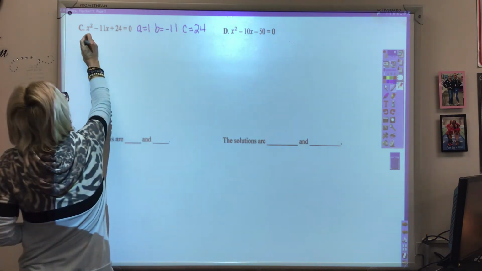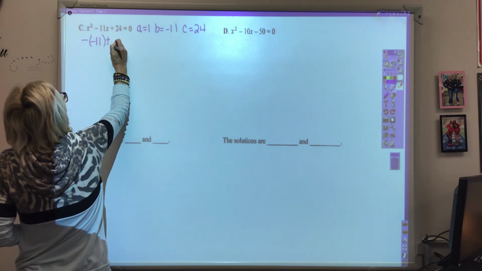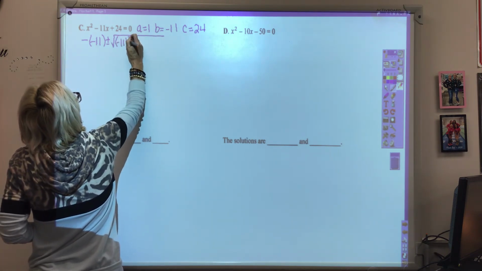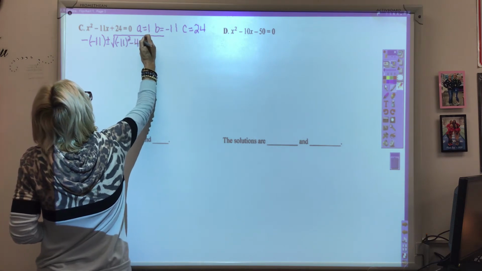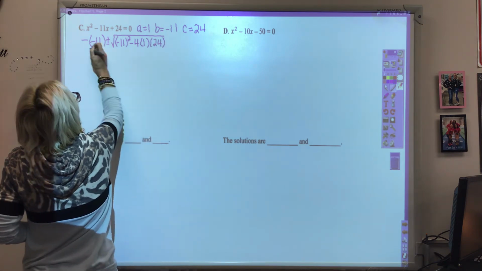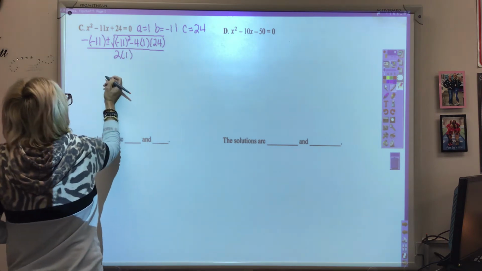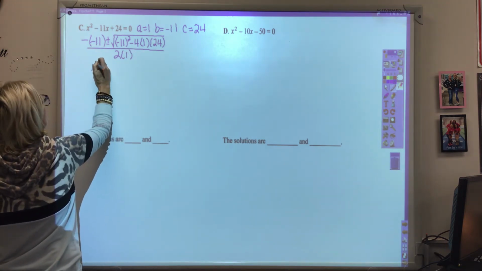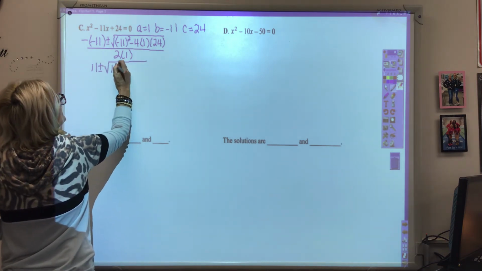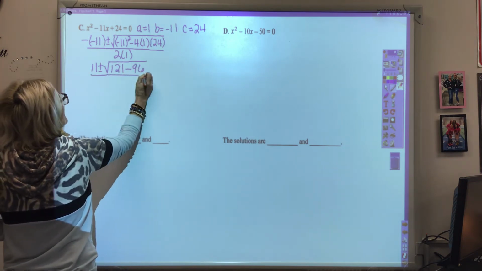So we're going to take the opposite of negative 11 plus minus the square root of negative 11 squared minus 4 times 1 times 24, all divided by 2 times 1. Simplify, the opposite of negative 11 is 11, plus minus the square root of 121 minus 96, all divided by 2.